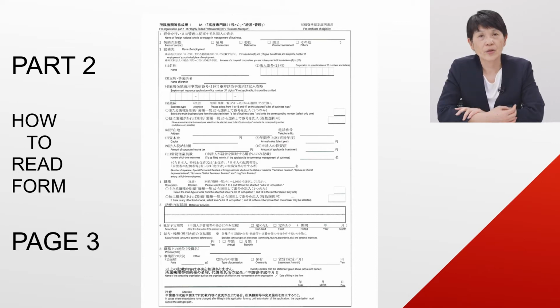At 8, you fill out latest annual sales. But for a newly established company, there is no previous year, no set of financial statements. So what to do? Here is the origin of the business plan.